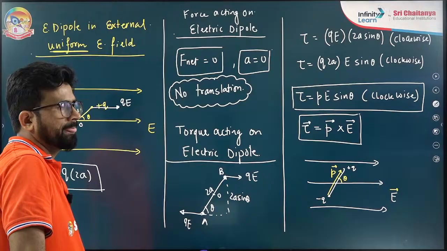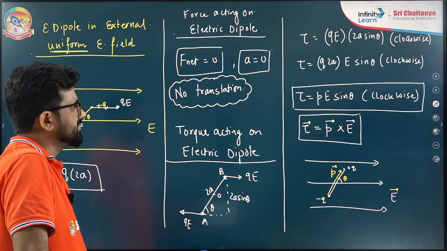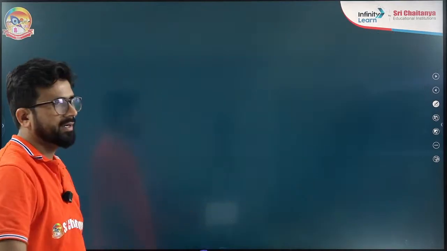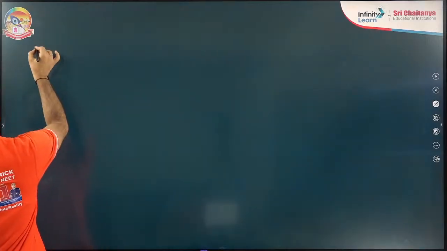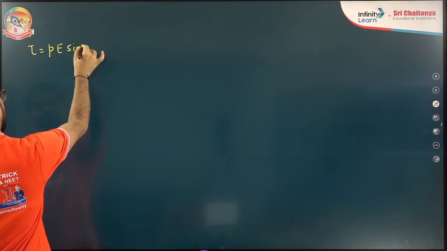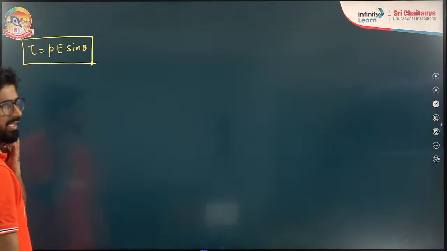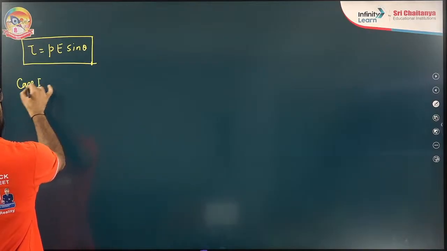Now try to understand one more thing. So I am taking you to the next slide. What is the torque? We are writing torque is equal to PE sin theta. Now we can say case 1.